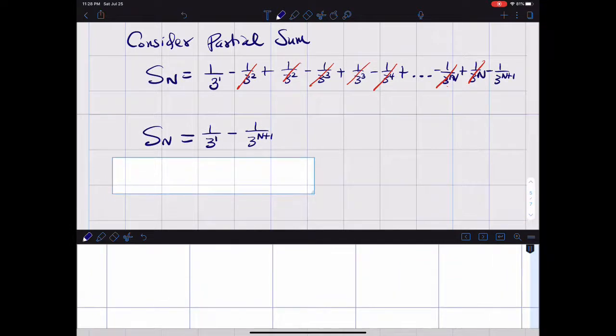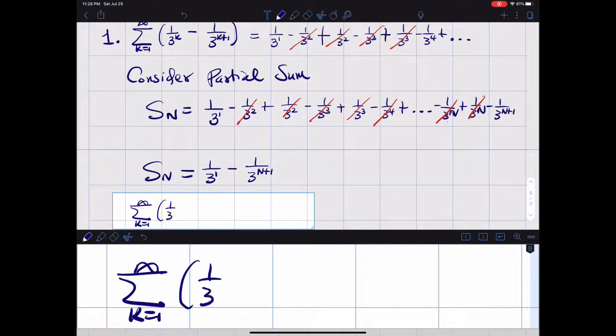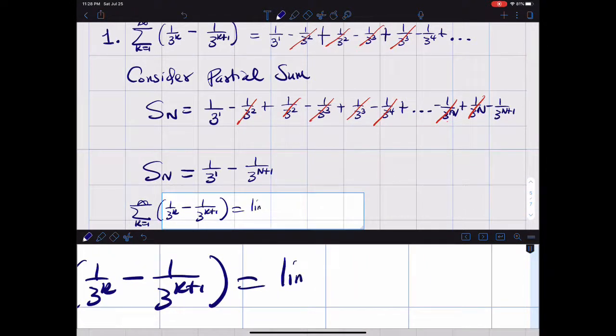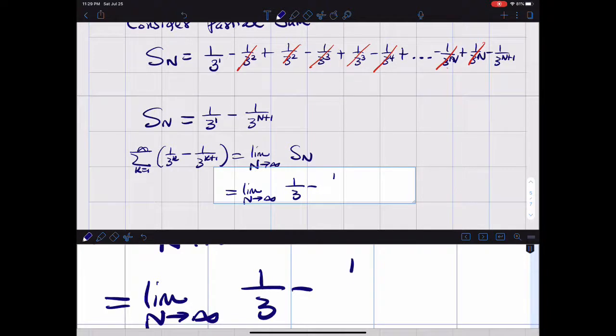And remember that our infinite series, we've seen before, is just a limit of the partial sum. So this is just going to be the limit as n goes to infinity of Sn. So it's the limit as n goes to infinity of 1 over 3 minus 1 over 3 to the power of n plus 1.